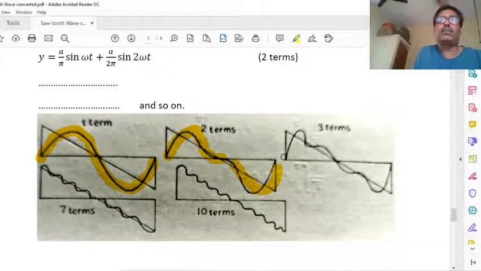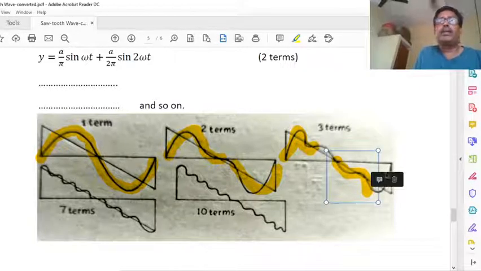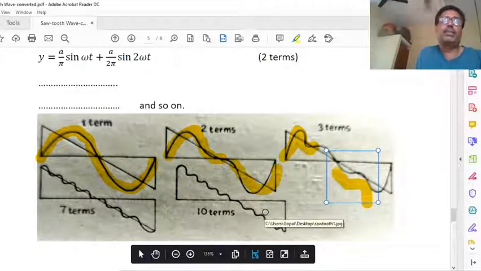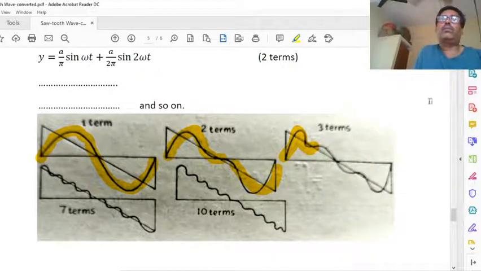And next three terms, 1, 2, 3. And in this way we can take 7 terms, 10 terms. Okay, thank you.